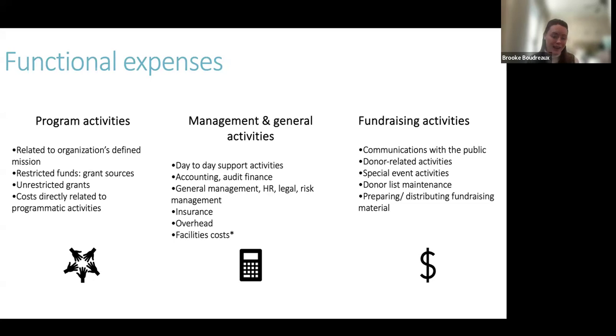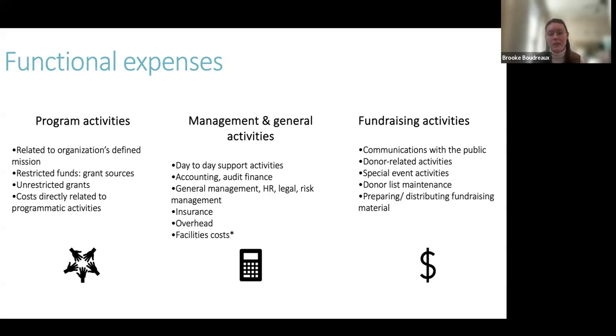Your management and general activities might be a little harder to put your finger on, which is why we're talking about cost allocation. But these are things that are necessary to run your nonprofit organization, but don't correlate specifically to a particular program that you run.